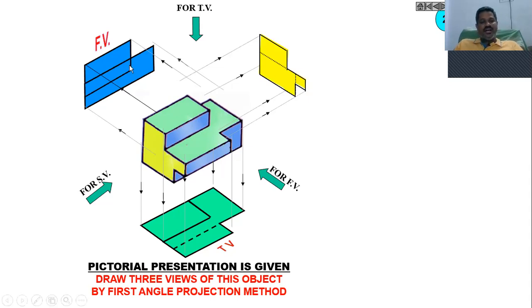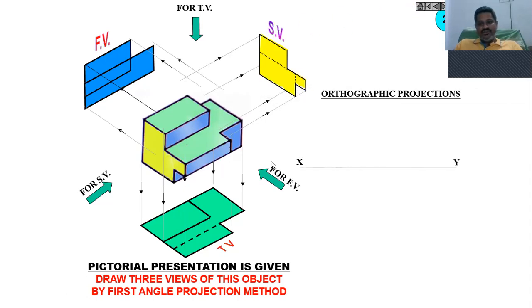Now let us draw the front view first. Draw an XY line, and this is the first angle projection, so draw the front view above the XY line like this with the given dimensions. Totally you have three faces in it, 1, 2, and 3. Take the length and height.